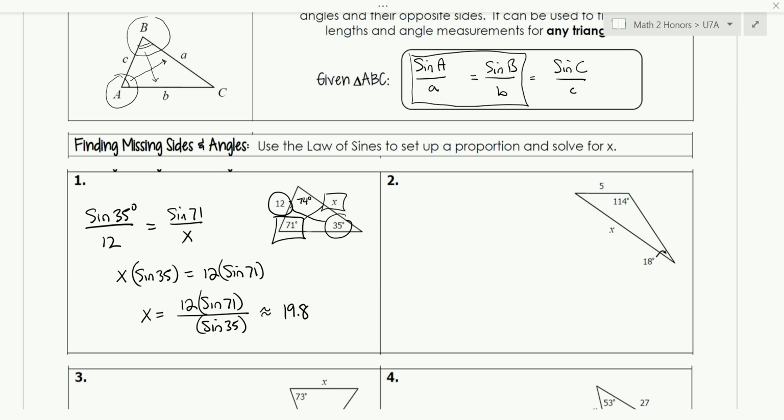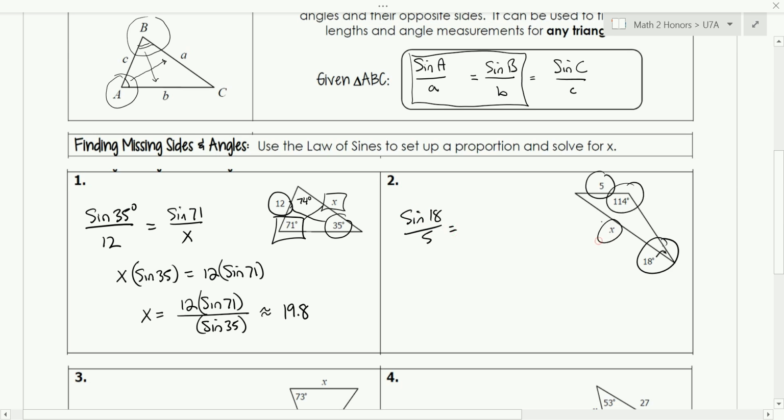All right, so this is just like number 1. So you can say sine of 18 over 5 equals sine of 114 over x. Cross multiply, you get x times the sine of 18 is 5 times the sine of 114.